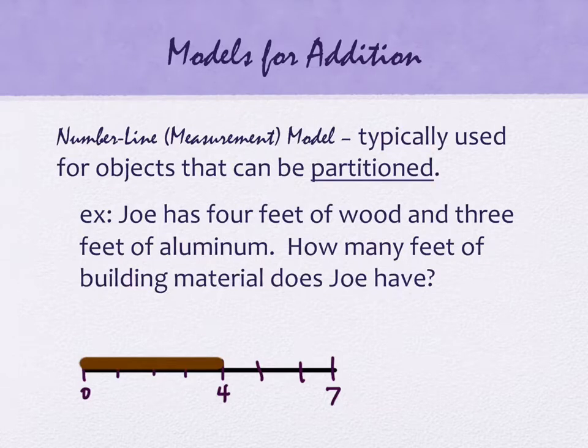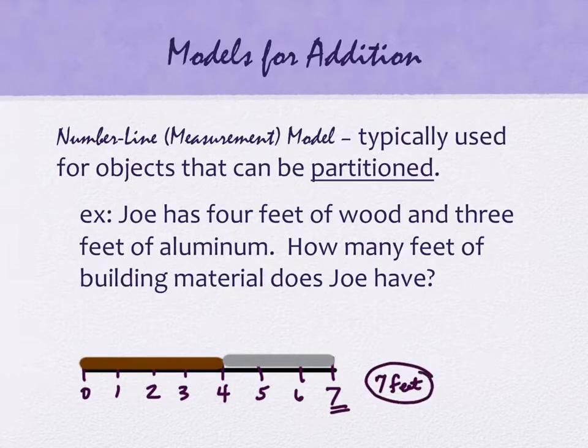And then I have 3 feet of aluminum, end to end. And of course the question is, where do I end? You could fill all the dots in. This is 1, 2, 3, so there's my 4, and then I have 5 and 6, and I end at 7. So this is 7 feet of building material.